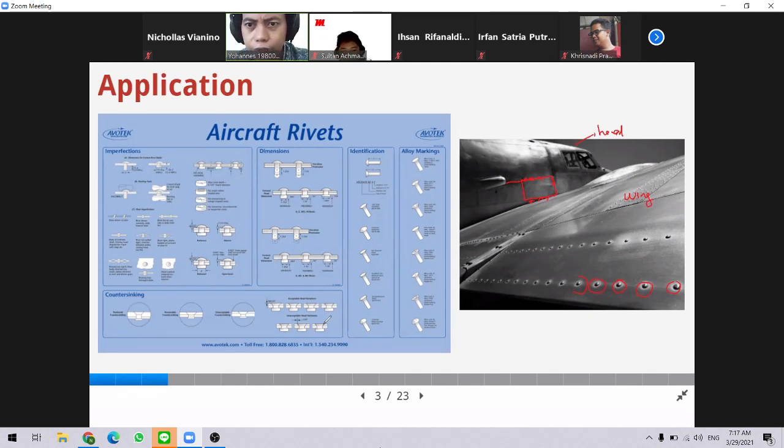Not only for aircraft or airplanes, but rivets are also used to build the boiler.